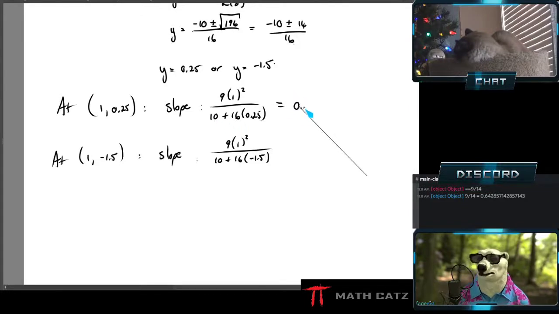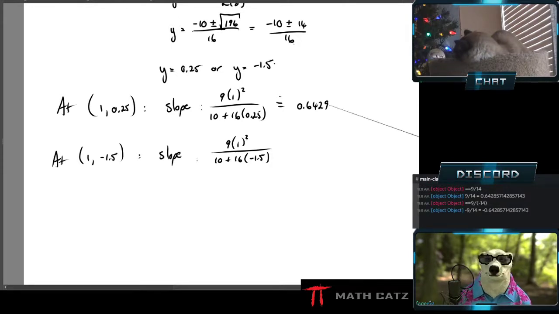And I get 0.6429 rounded. And then the next one, 9 divided by negative 14, isn't it? Negative 14. Yes, we saw the symmetry already, so it kind of was expected.